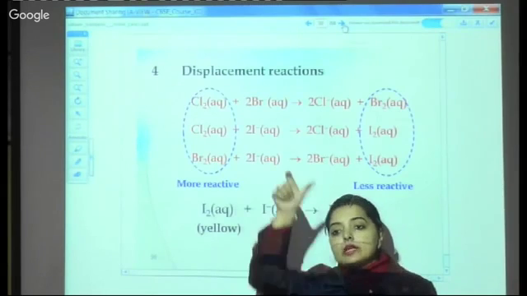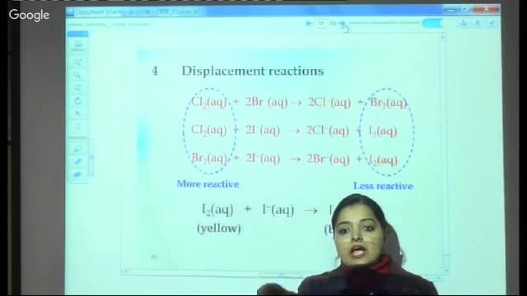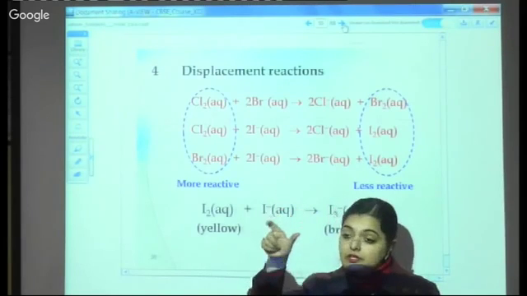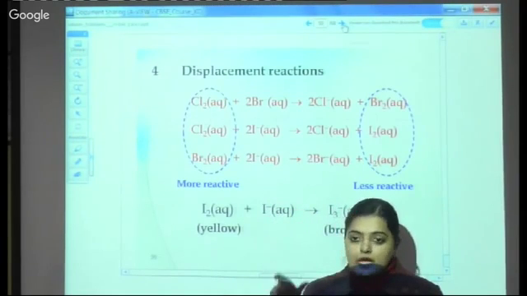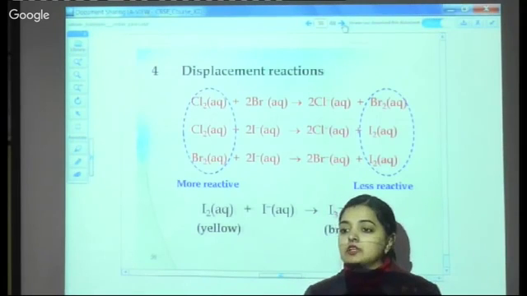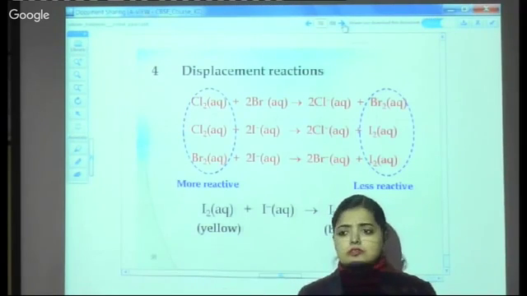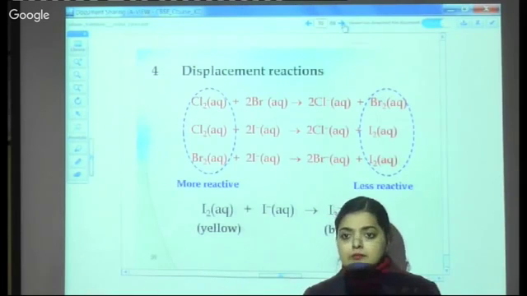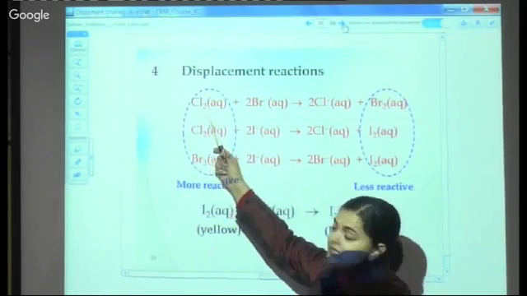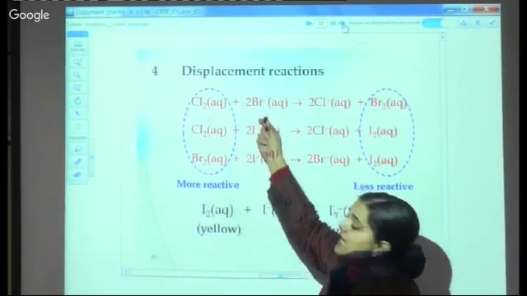As we know that moving down the group, the reactivity decreases. Fluorine is most reactive, thereafter chlorine, then bromine and iodine. So the more reactive will displace the less reactive ones. That's the whole concept of the displacement reaction. That means if you get to see that chlorine is sitting idle, however, bromine is sitting as ion.